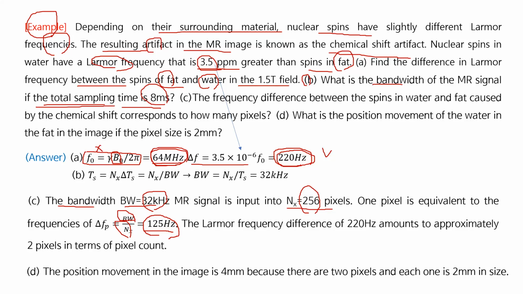Using this 8 millisecond, we can get the bandwidth, right? Bandwidth equals 1 over delta sampling time, right?